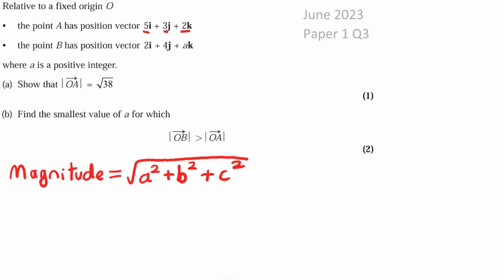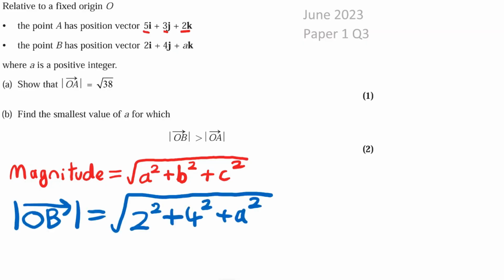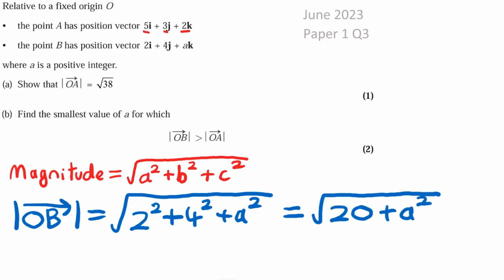So the magnitude of OB is equal to the square root of 2 squared plus 4 squared plus a squared. And then we can simplify this because 4 squared is 16, 2 squared is 4, so it's going to be 20. So the magnitude of OB is the square root of 20 plus a squared, okay?